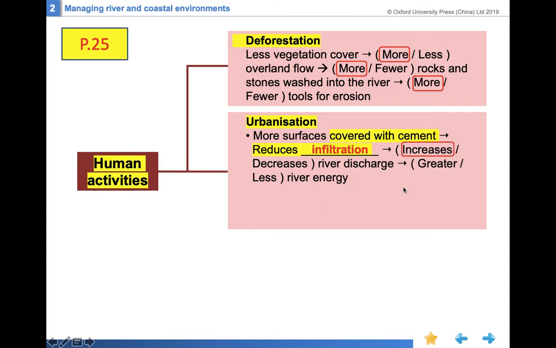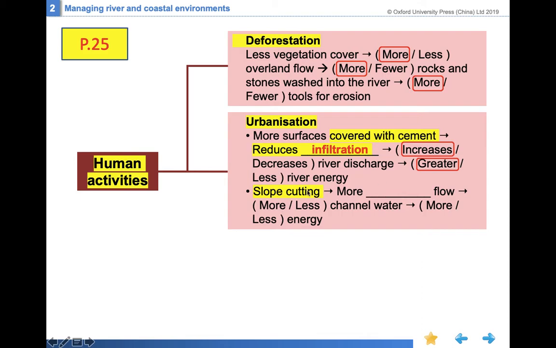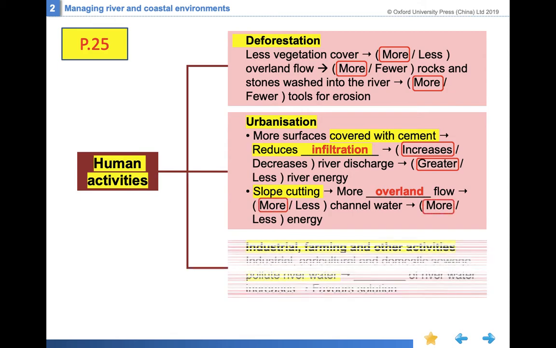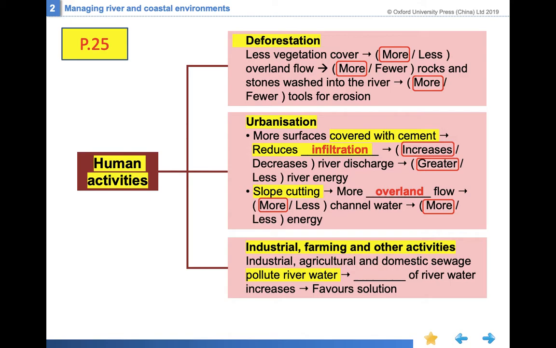So the river discharge will increase and thus the river energy. Cutting the slope will increase overland flow, more channel water and more energy. If we have a lot of industrial or farming or other activities that create sewage or chemicals, they will increase the acidity of the river, which favors the solution of some minerals, and this all will increase the rate of fluvial erosion.